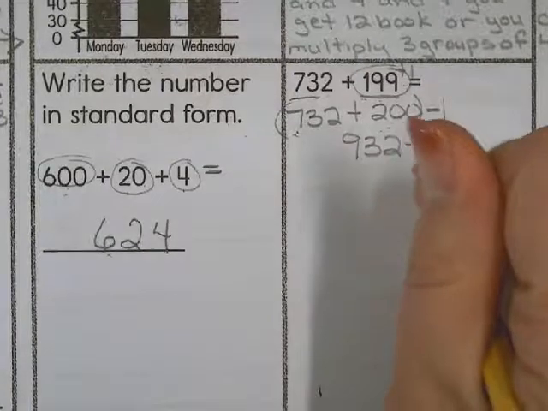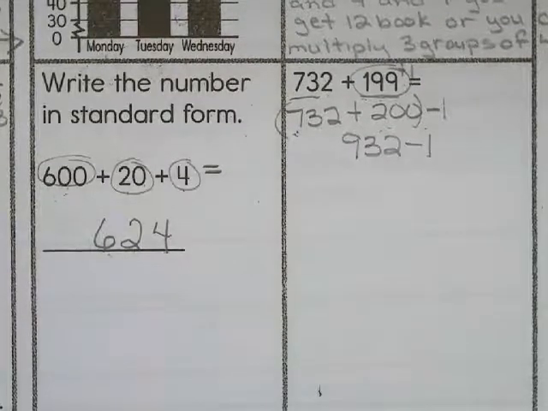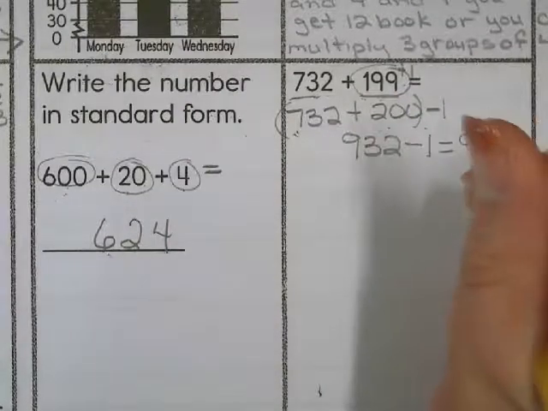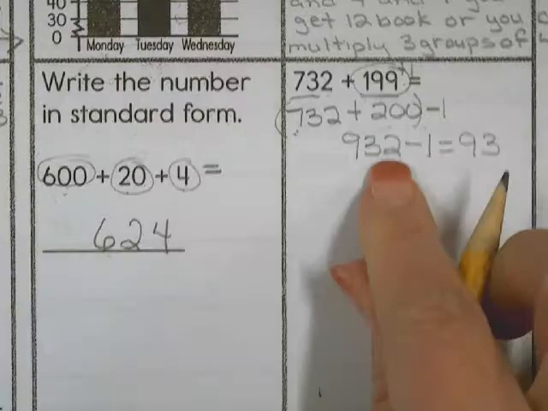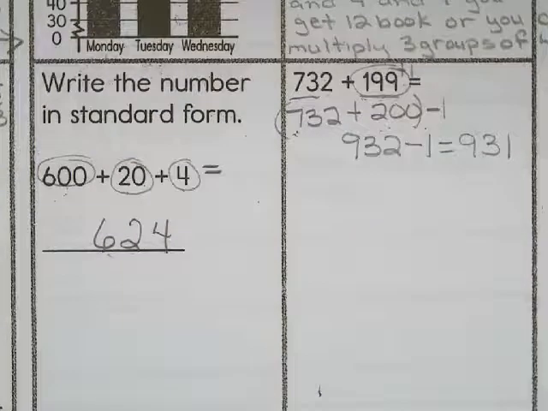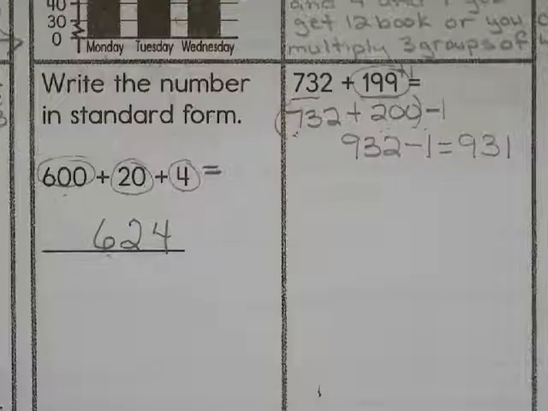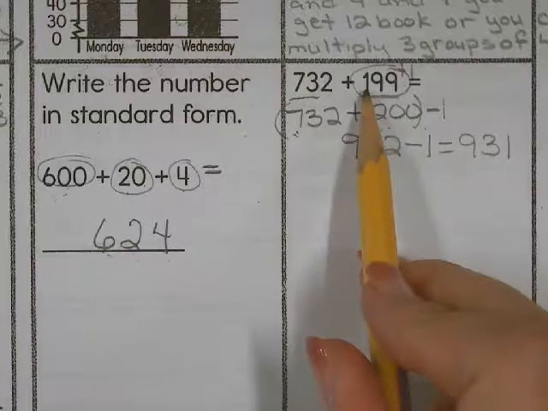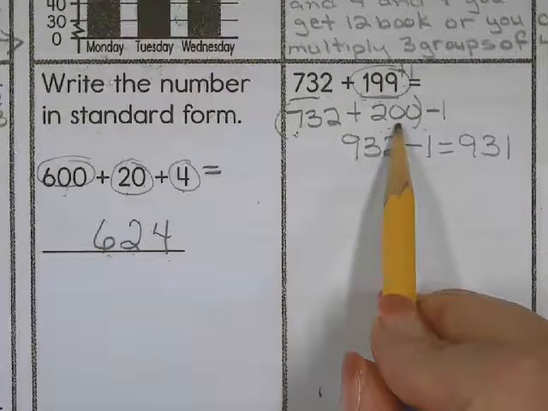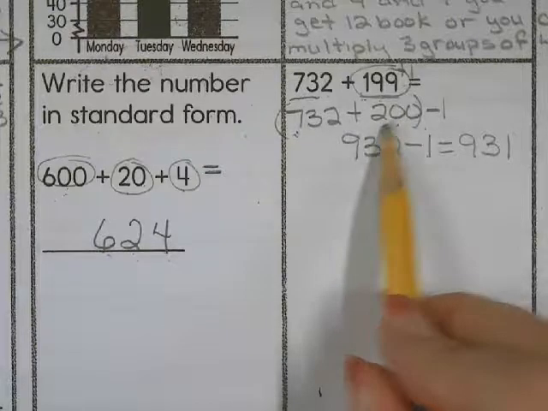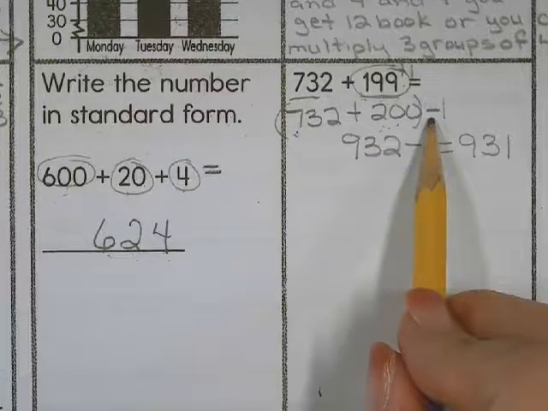Then we take that 1 out that we added in here to make this 200, and we would get 930. Take 1 out of here, 1. So 931. That's a compatible number strategy. We're taking 199 and making it easier and more friendly to use by adding 1 in and then taking it out after we're finished using it.